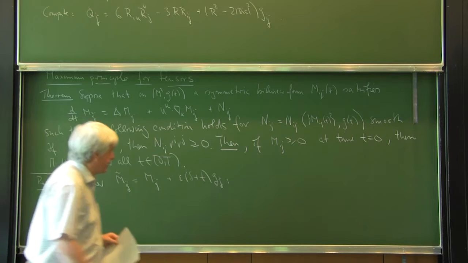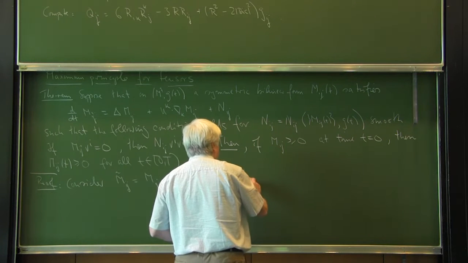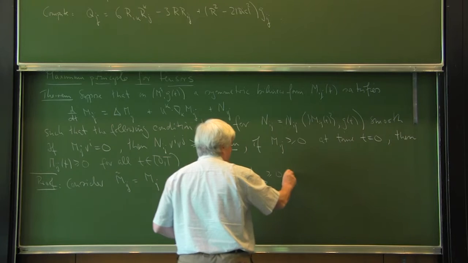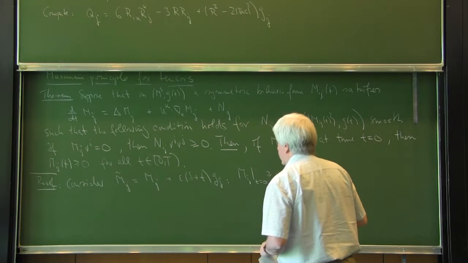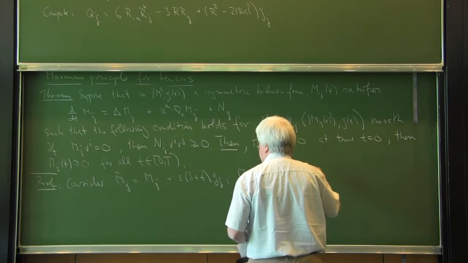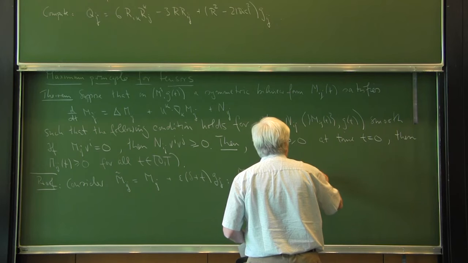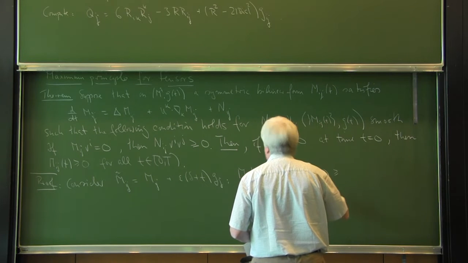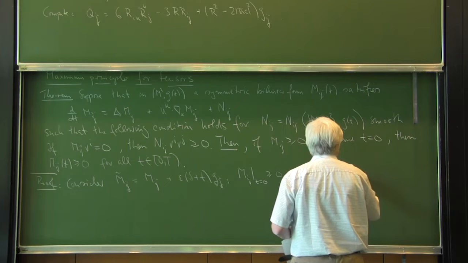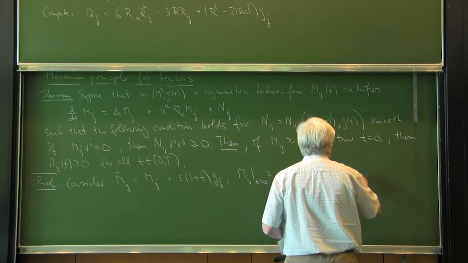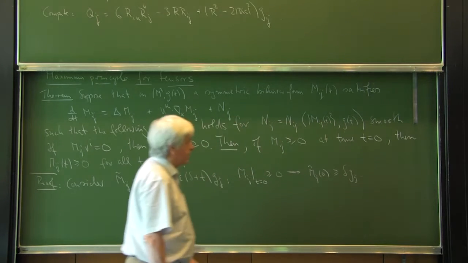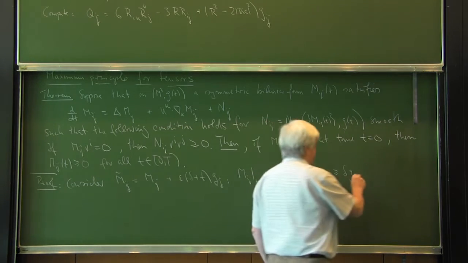Then it's clear that since Mij at t equals 0 is greater or equal to 0, this implies that M tilde ij at 0 is greater than delta times gij. So all eigenvalues are bigger than delta, and delta is some strictly positive number.